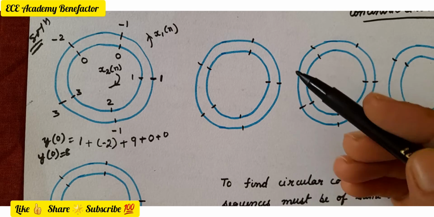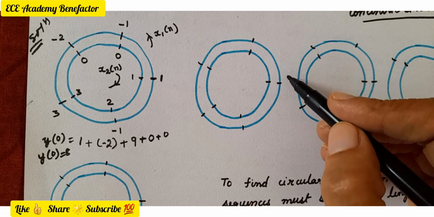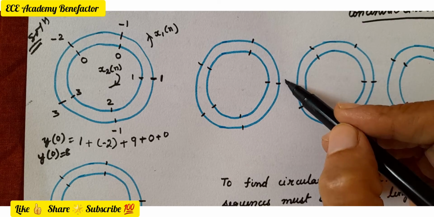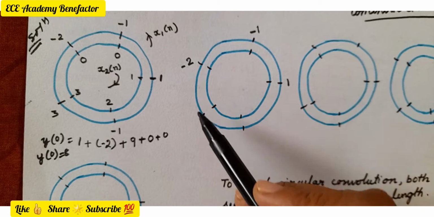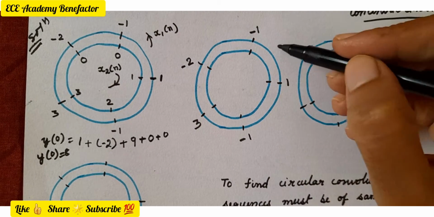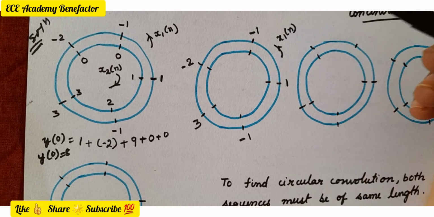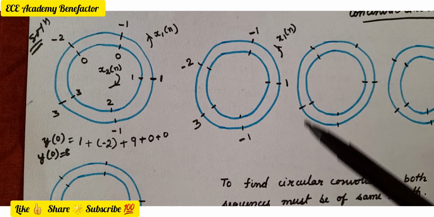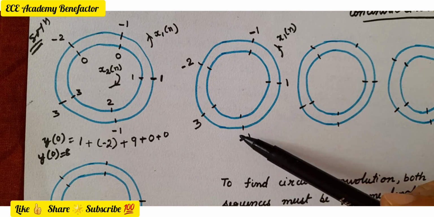Next step, we plot x1 of n on the outer circle in the anti-clockwise direction: 1, -1, -2, 3, -1.